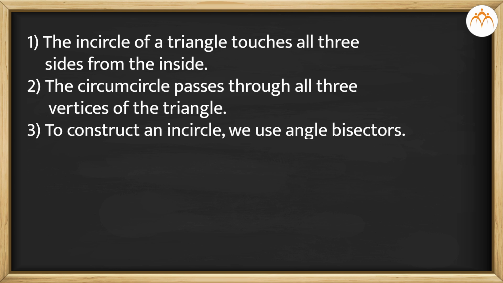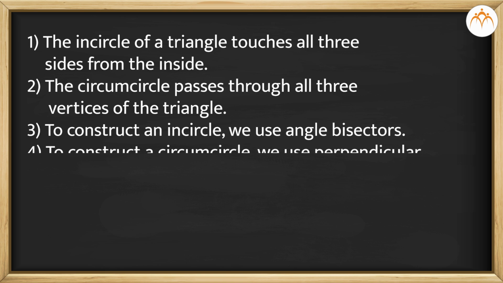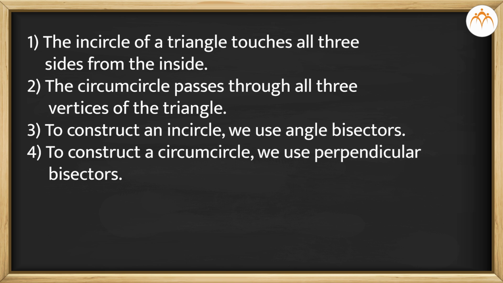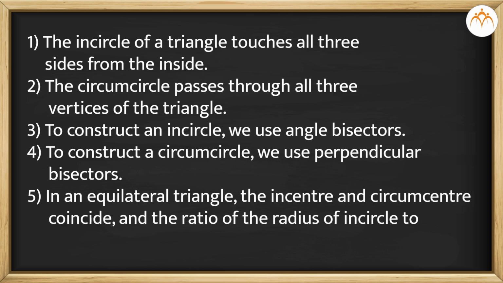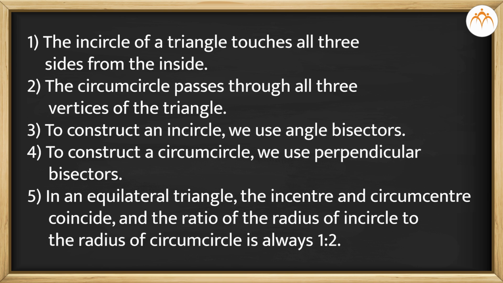To construct an incircle, we use angle bisectors. To construct a circumcircle, we use perpendicular bisectors. In an equilateral triangle, the incenter and circumcenter coincide, and the ratio of the radius of incircle to the radius of circumcircle is always 1 is to 2.